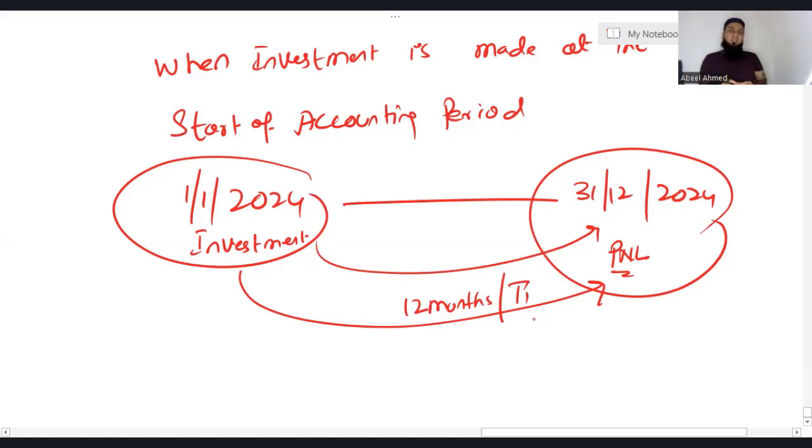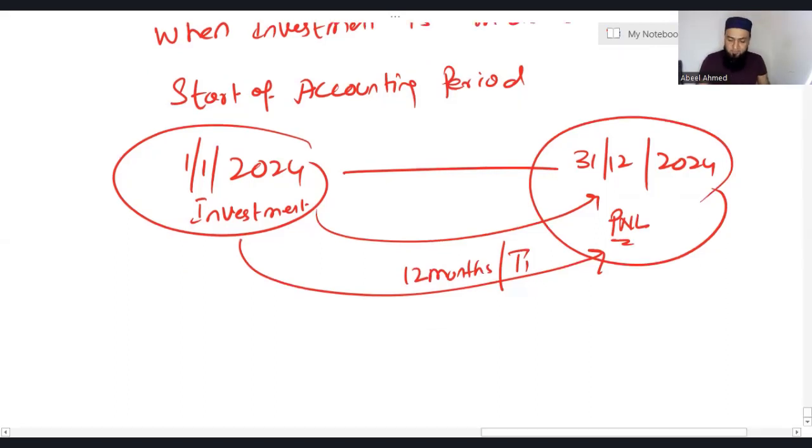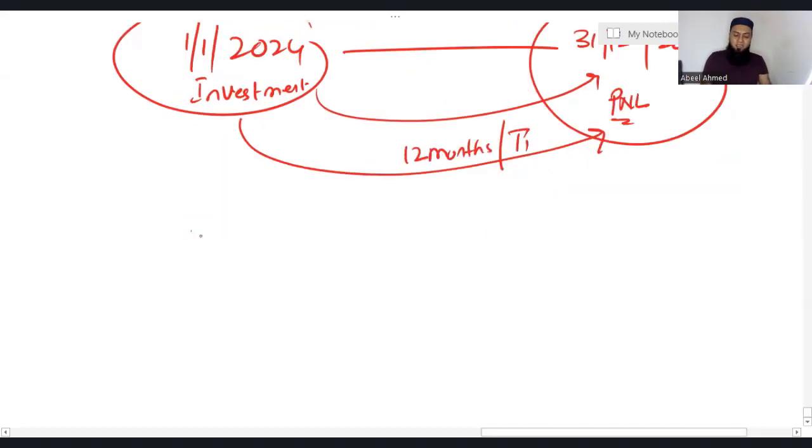Since from the date of investment till the end of accounting period, when the income statement will be prepared, we have to wait for 12 months, that is why whenever investment is made at the start of accounting period, the tax saving from the capital allowances calculation always starts from T1.